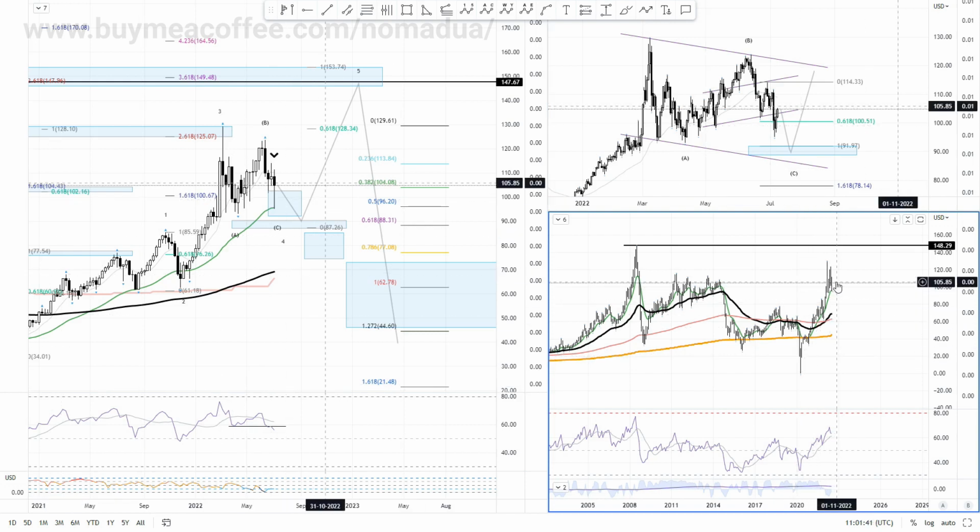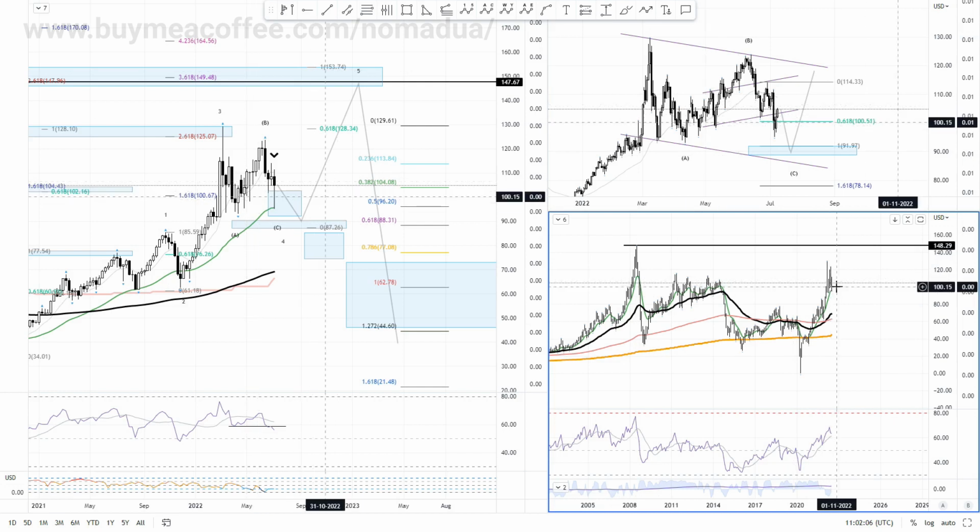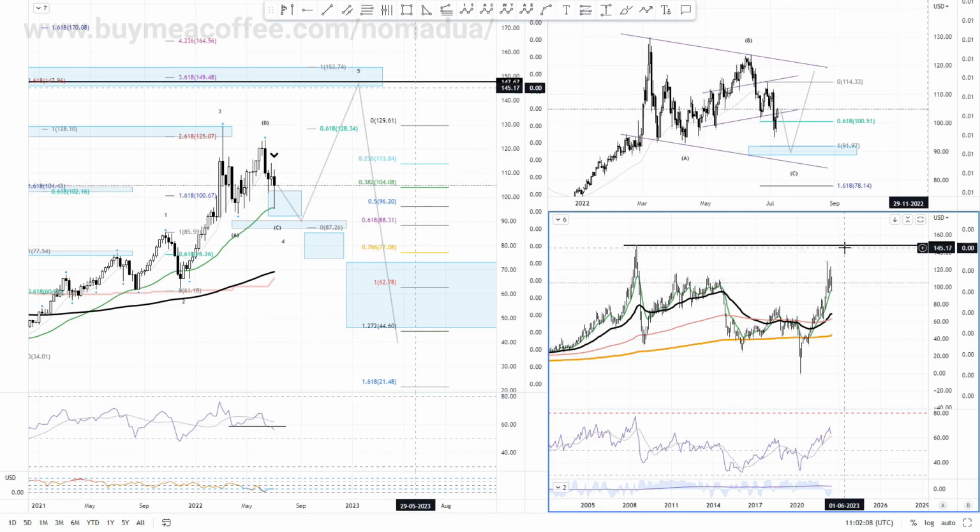And if you take a look at 2008 oil prices, like this all-time high here, this high was just before the recession, and history might repeat, and we get one final grow from this level up to this level before the major correction, the same as it was in 2008.